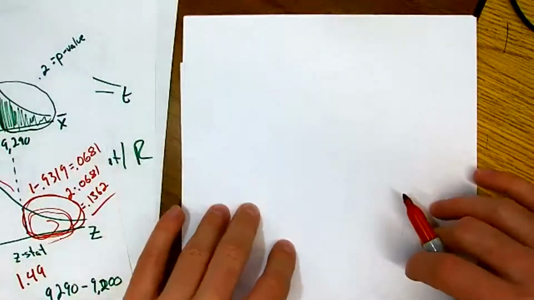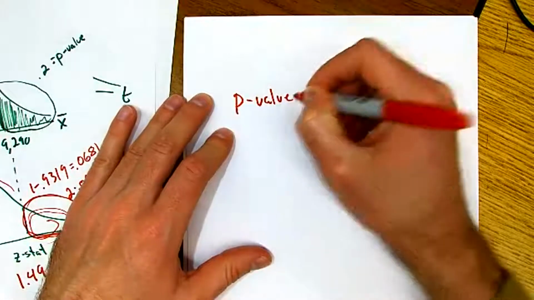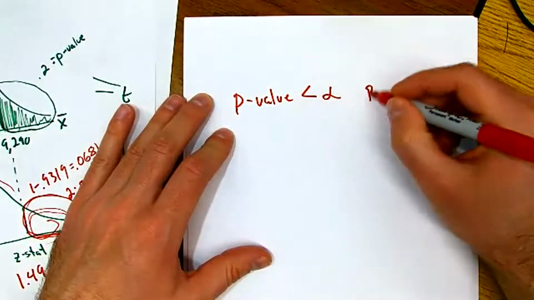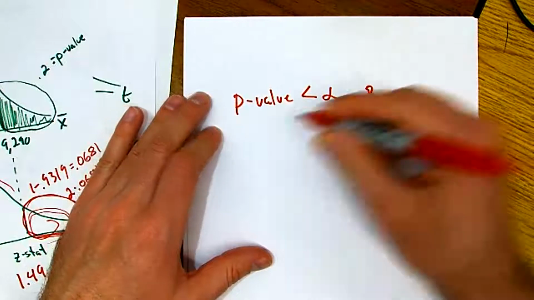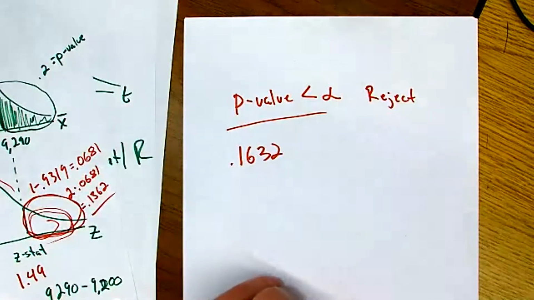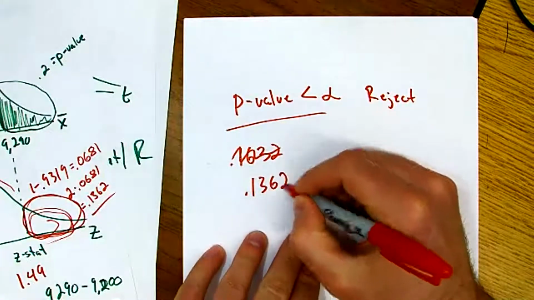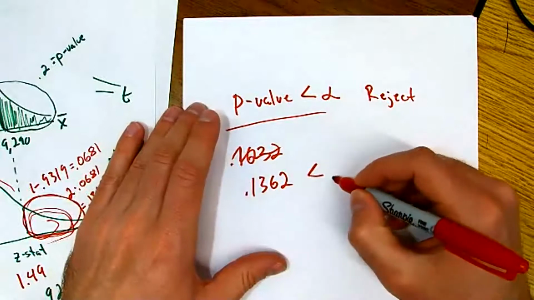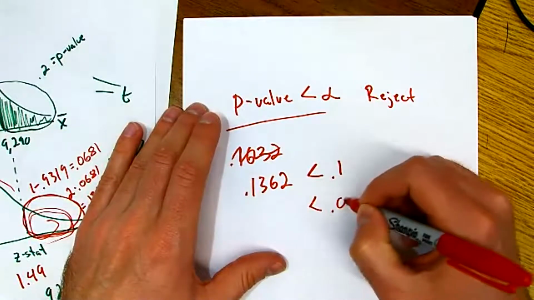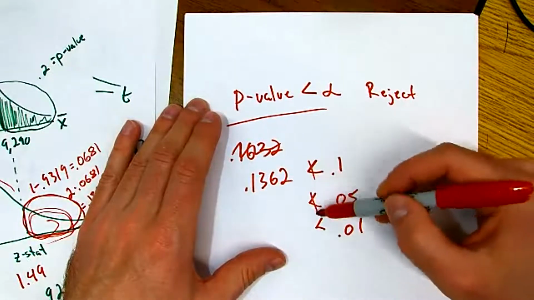So with 0.1362, I could be asked a question: what levels do I reject at? Well, once I have my p-value, I only reject if the p-value is less than alpha. Right? So 0.1362, no, I lied, 0.1362 won't really matter, because if I compare it to any of my typical alpha values, it's not less than any of them.